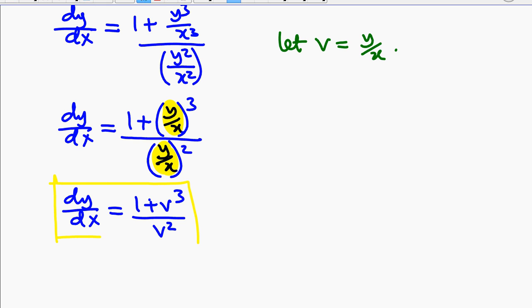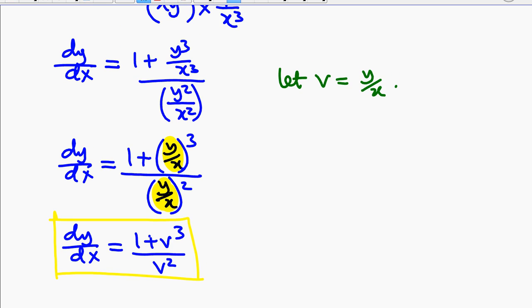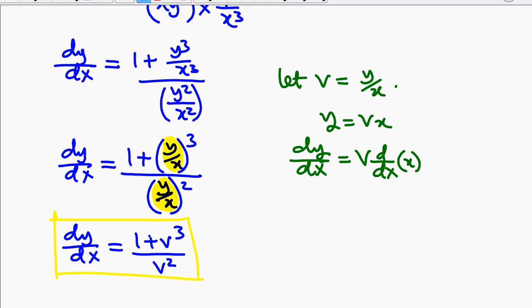But let's go back to our substitution and do something else. We know that if we let v be y over x, we can rewrite it as y equals vx, and then just use the product rule. So dy over dx will be equal to v d over dx of x plus x d over dx of v.